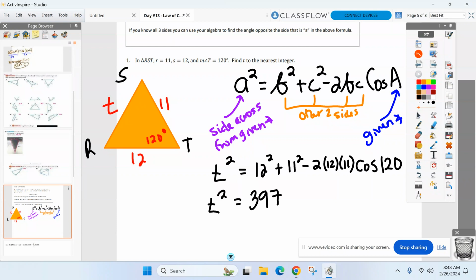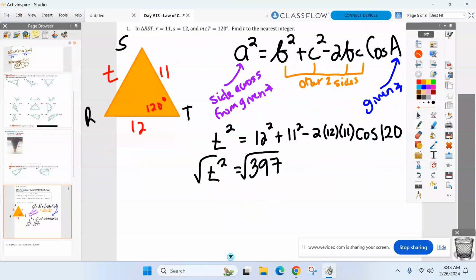So how do I get to T? Take the square root of both sides. And now round to the nearest integer. So that side length is about 20.